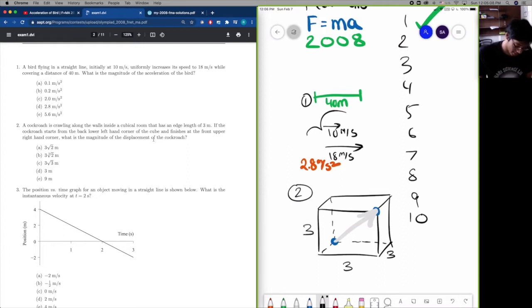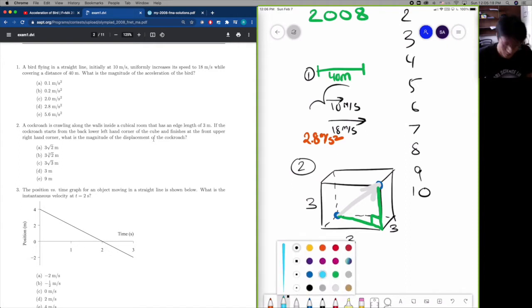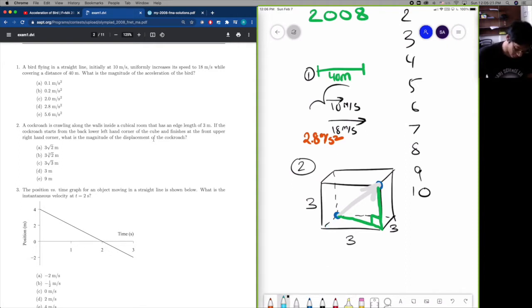Okay, so by the Pythagorean theorem, we can make this right triangle right here, if you can see that, and the length of this right triangle can be given by another right triangle, which is this one. So this right triangle has sides 3 and 3, and so its hypotenuse would be 3√2.